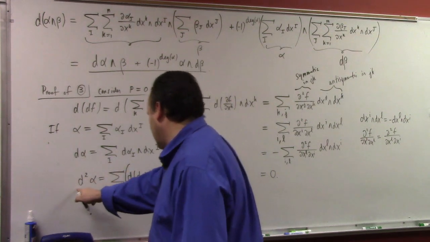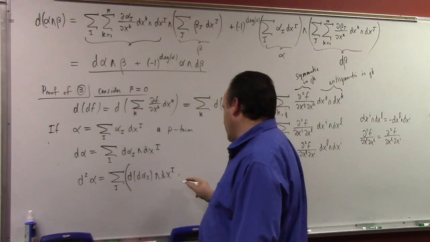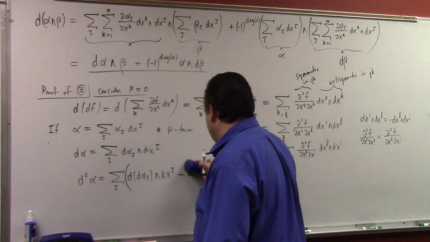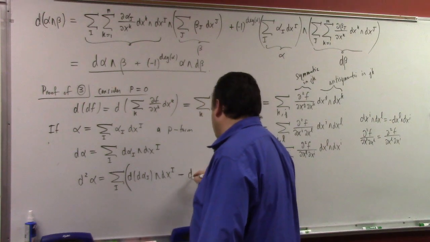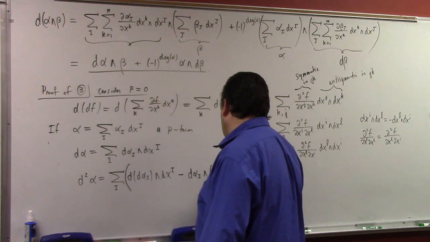So I'm taking the derivative of this. So d of d alpha I wedge dxi, minus d alpha I wedge d of dxi.